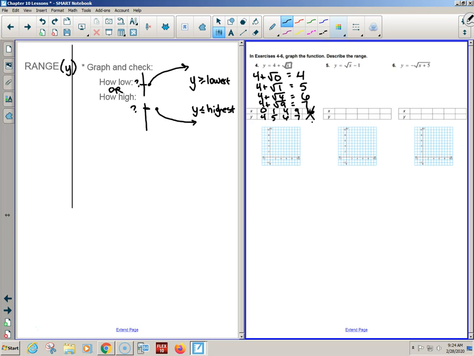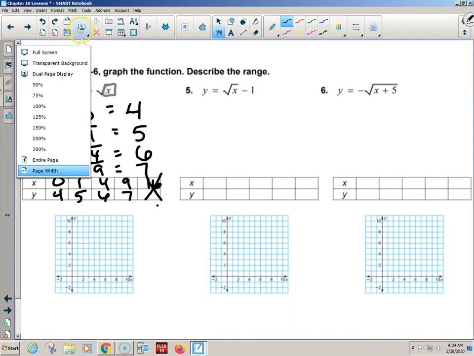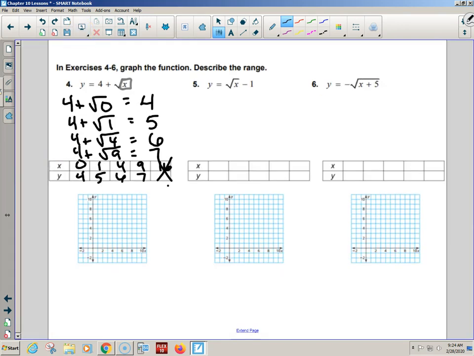Can I zoom in on the graph so we can see what's going on? You guys, start graphing those points. Those are ordered pairs, right? X's and Y's. Make sure you remember that X's are how far over you go and the Y's are how far up you go.